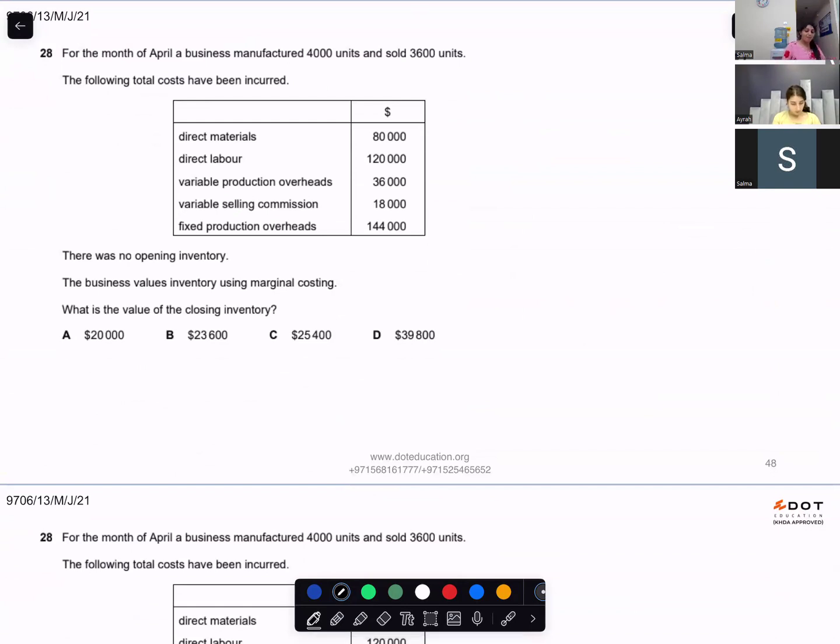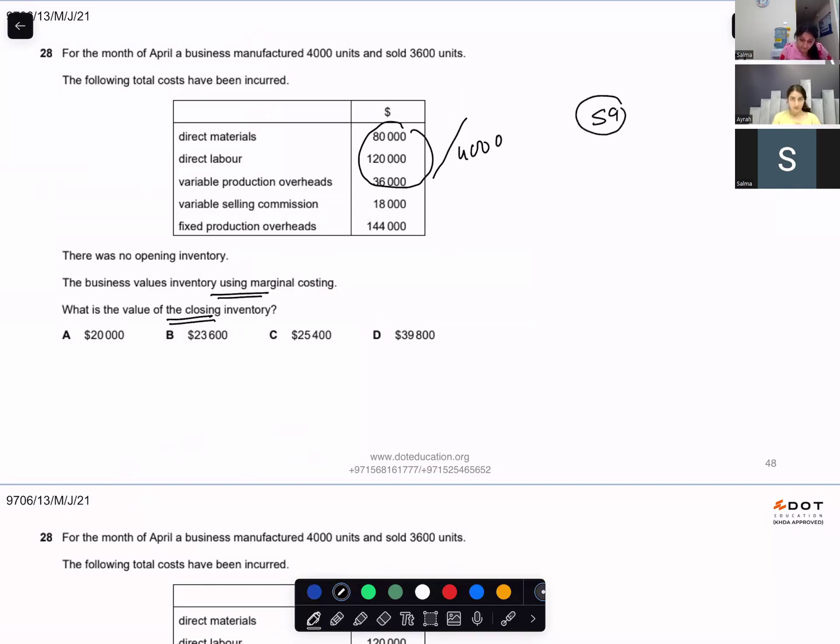What was the value of closing inventory? So we need to find it using marginal costing. So direct materials, direct labor, and variable production overheads, I'll divide each by 4,000 to find the per unit. So it's 20, 30, and 9. Total is 59.